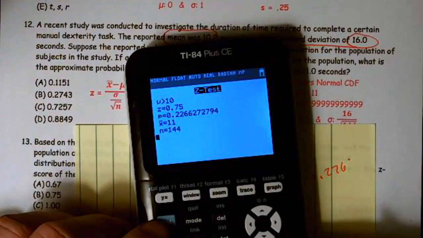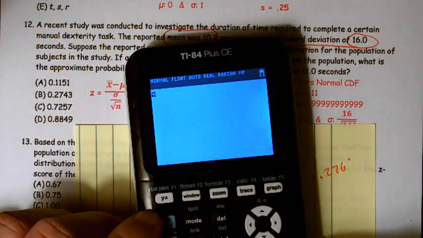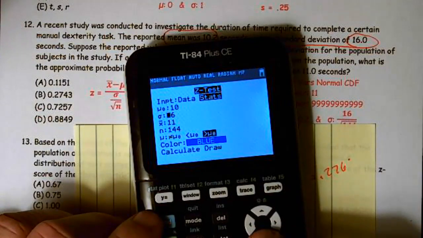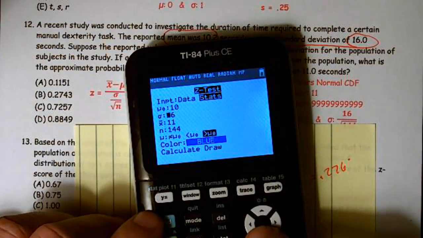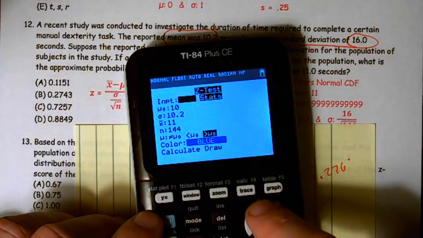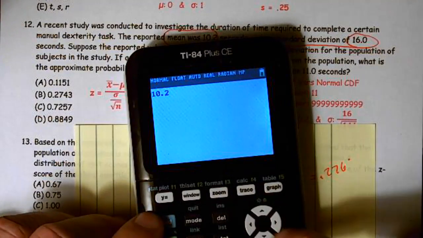Let me go back to that. I think there's an error. So stat test, Z test, 10, 11. Oh, 10.2, 10.2. That's my problem. This is 10.2. Oops.